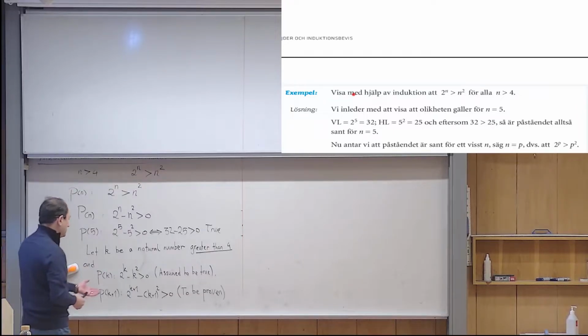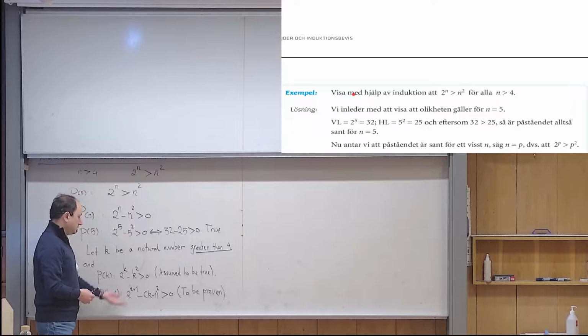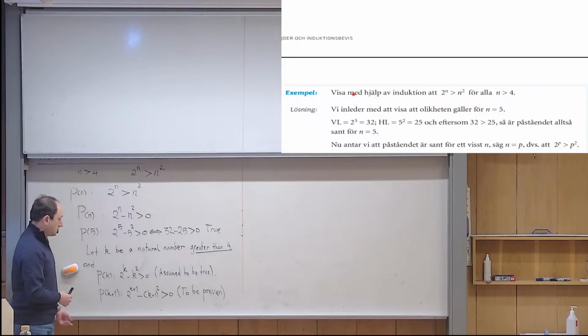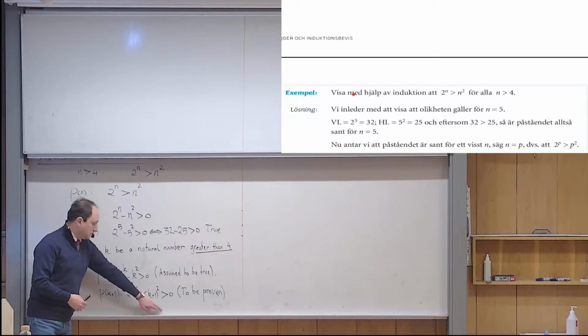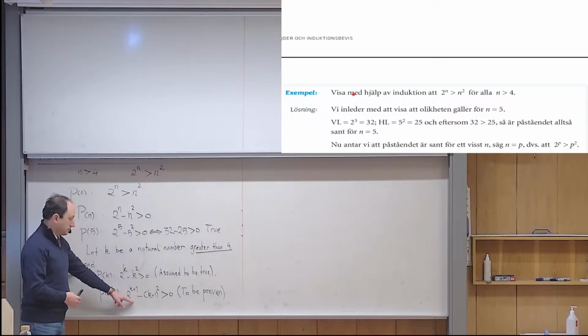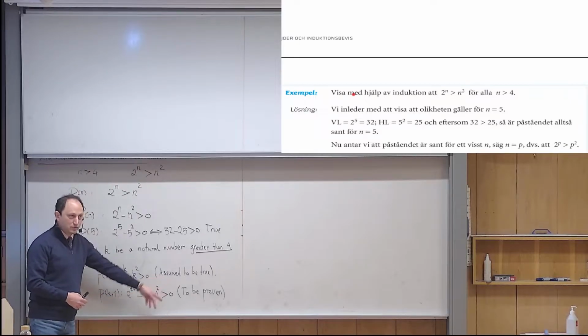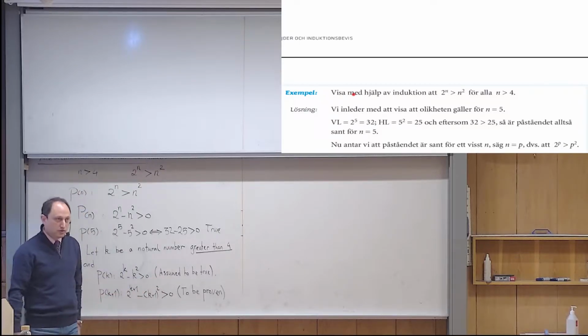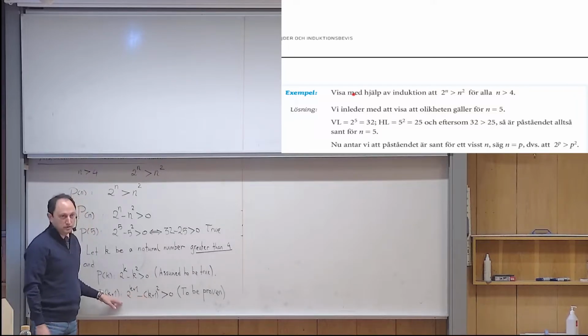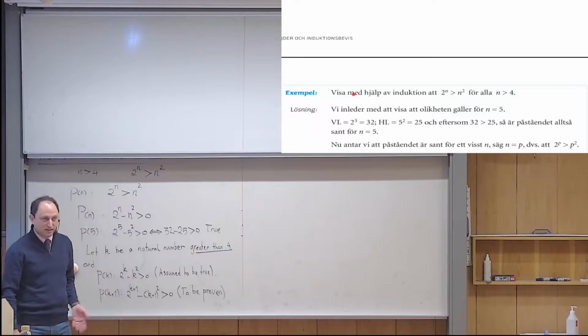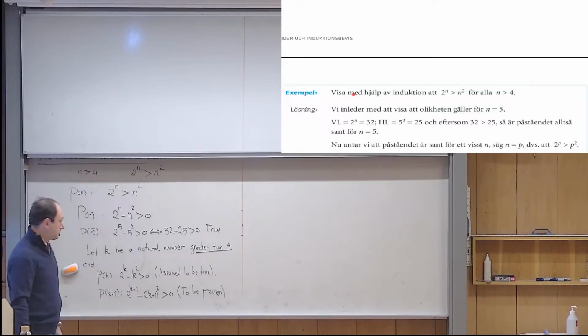In an inequality, there is no guarantee that they are exactly the same, but you need to have a nice argument why you are convinced that this is positive. You don't want to show that this is exactly equal to something. You just need to convince yourself that this expression is positive. It doesn't matter if it is larger than 1 or larger than 10. You just want to show it is positive.